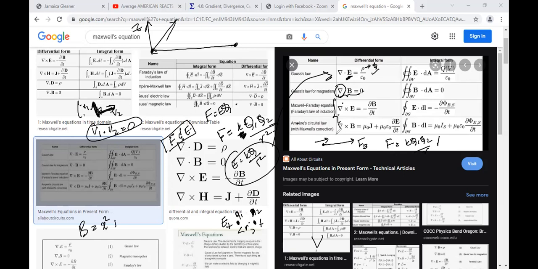All I wanted to say is this is why we take that product and this is why we take the cross product. We got into Maxwell's equations, where the cross product of the electric field gives the magnetic field, and the cross product of the magnetic field gives the electric field, because the two of them are perpendicular to each other.